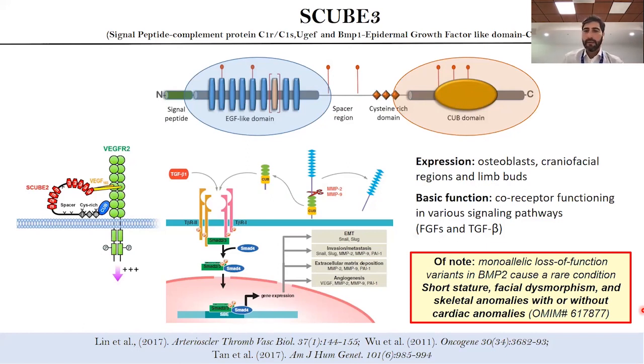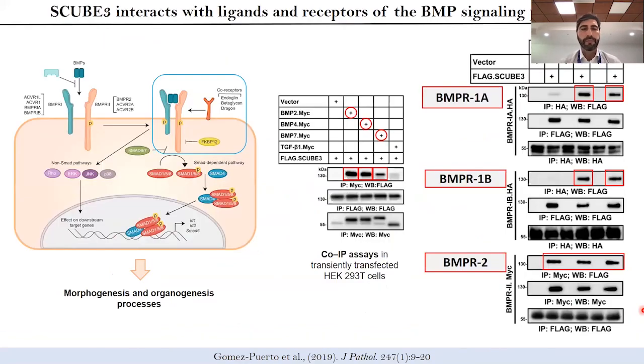In the next slide, on the left side, I provide a cartoon of the BMP signal. A BMP signal consists of a ligand. There are 3-4 ligands and 2 kinds of receptor, R1 and R2, and a large amount of co-receptor or auxiliary proteins.